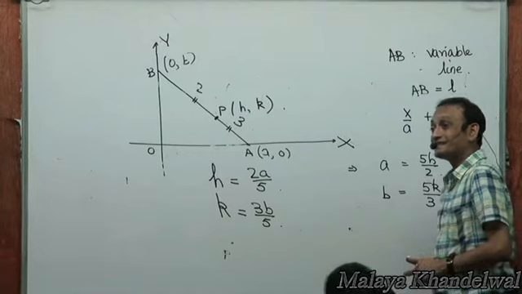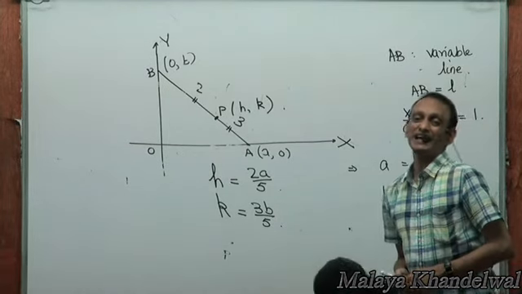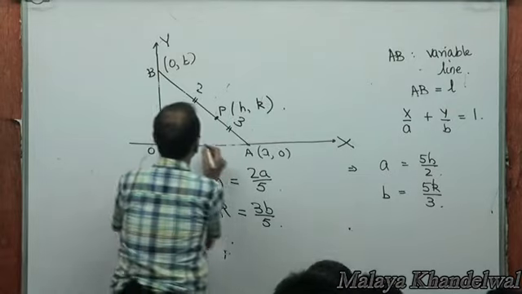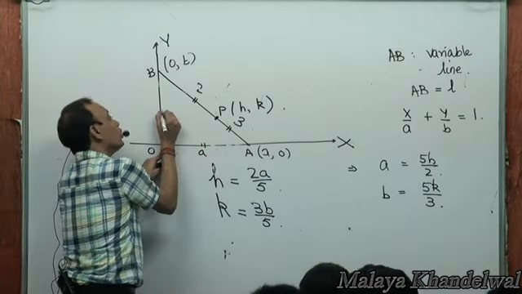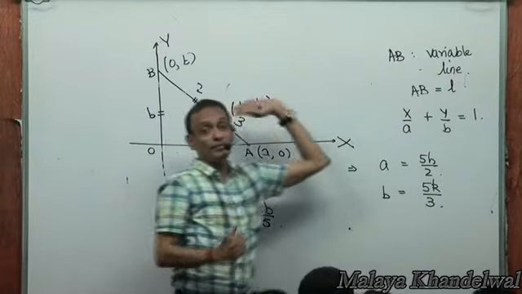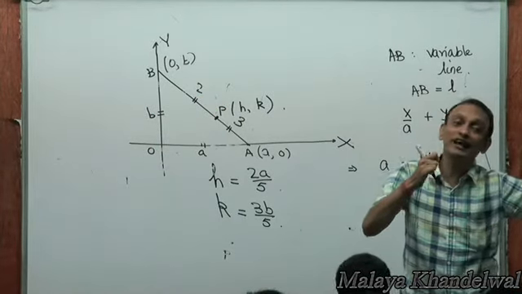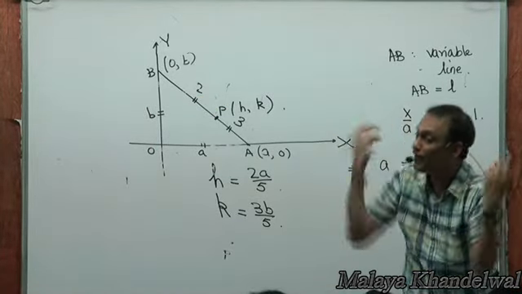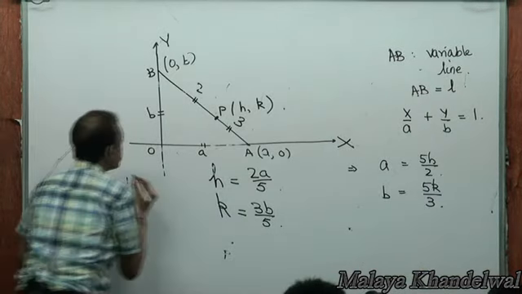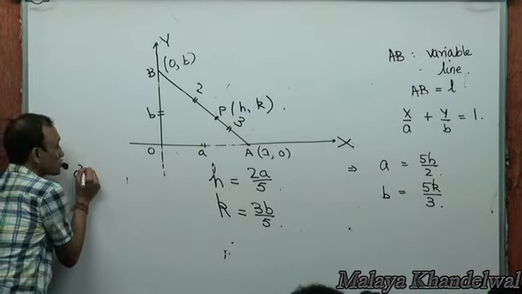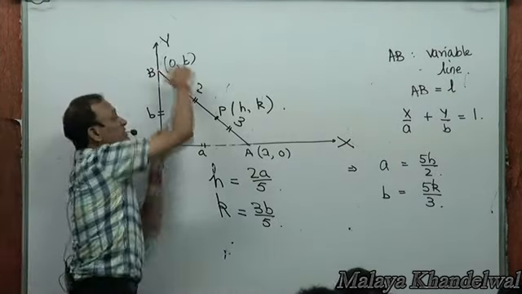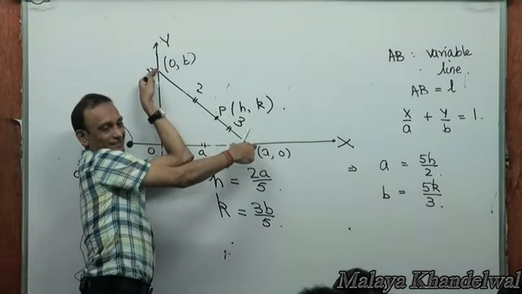Now the point is, it's about time we killed a and b. Right? The fact of the story then is, this is A, this is B. Both a and b are changing with time. For different orientations of AB, small a and small b will assume different values. That's why they're parameters. But what's not going to change is the following. a will change, b will change, but a square plus b square will remain L square.